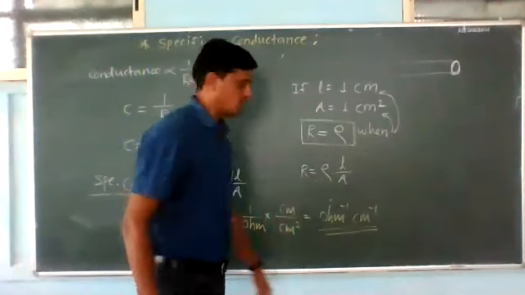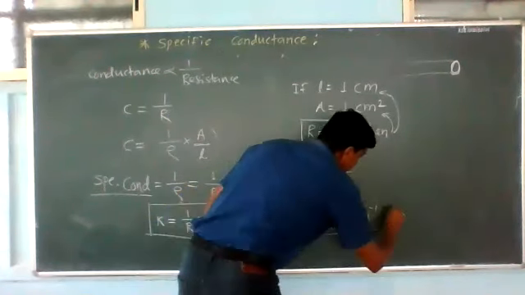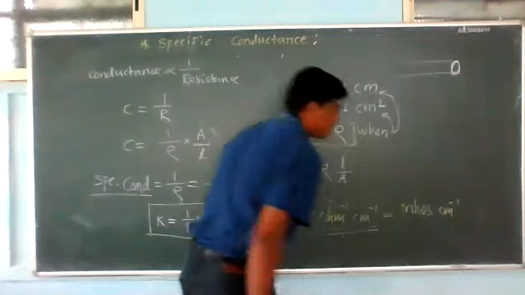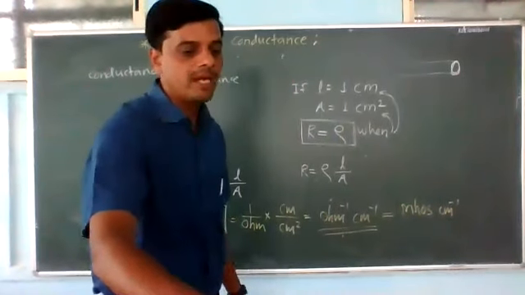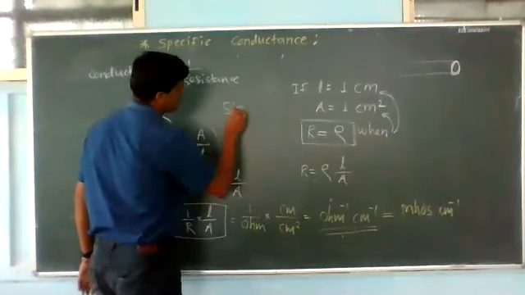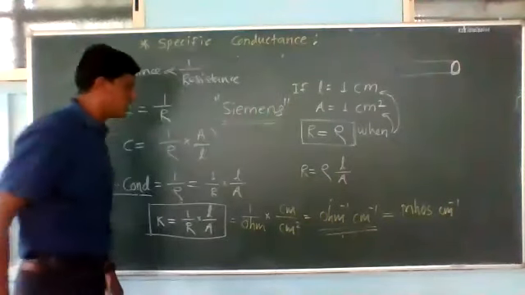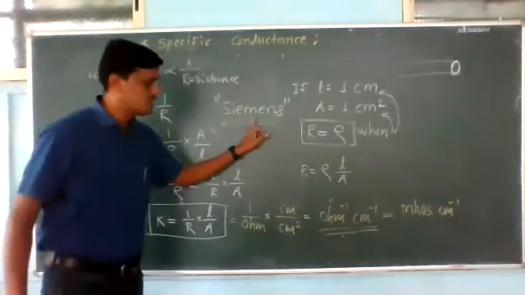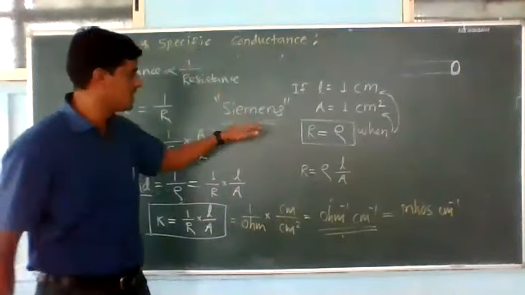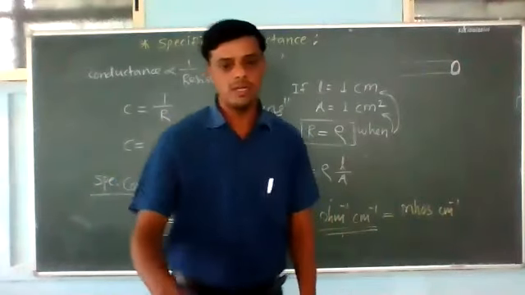The internationally accepted unit of specific conductance is Siemens. These are the three units. The unit of specific conductance can be expressed in terms of Siemens, per ohm per centimeter, or ohms per centimeter.